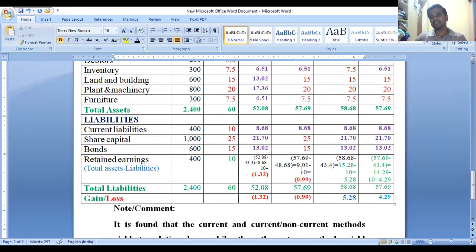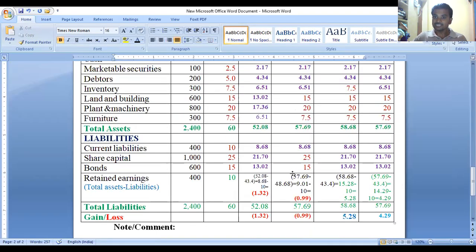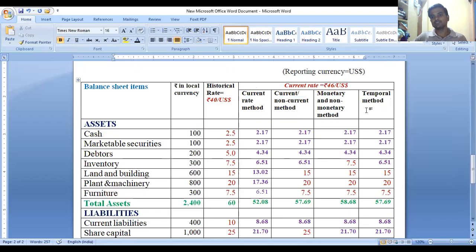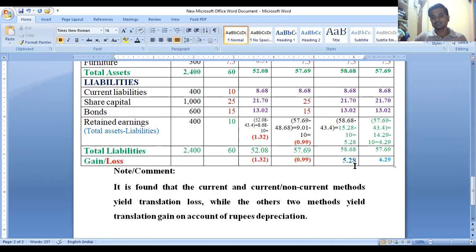So both methods, current and non-current rate methods, are showing a loss. But in the case of the monetary non-monetary method or temporal method, both methods are showing a profit. This is the profit and gain that arises due to the change in the value of currency.